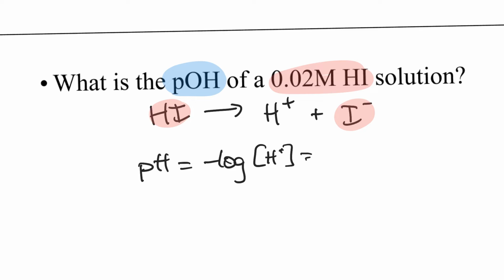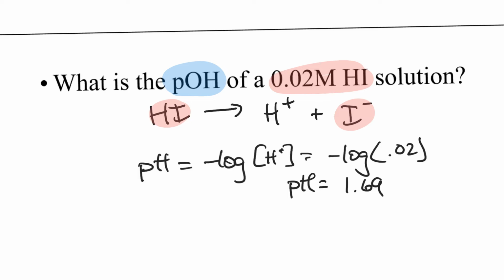All right. And so in this case, it's negative log of 0.02. All right. So when I plug this in the calculator, you get that the pH is equal to about 1.69.